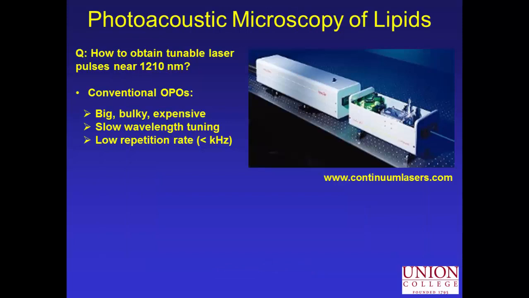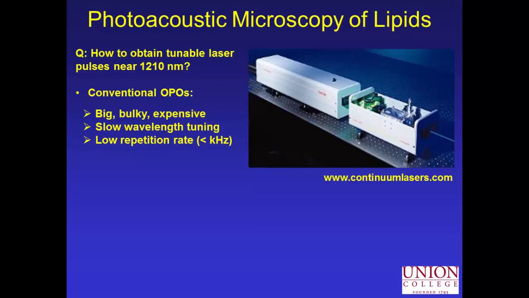All right, so as far as photoacoustic microscopy of lipids, as was nicely described in the previous talk, you generally want to have laser pulses near 1210 nanometers to coincide with the peak optical absorption of a lot of lipids. So the usual way to do this is to use OPOs. They are impressive systems, but they're big, bulky, expensive, tend to have slow wavelength tuning and low rep rates.